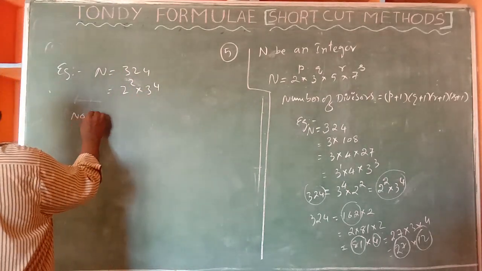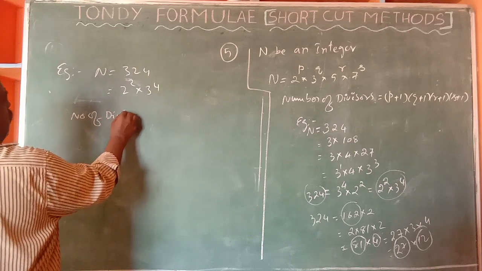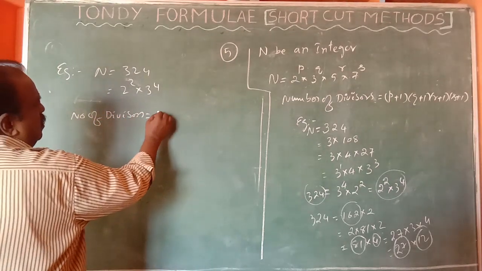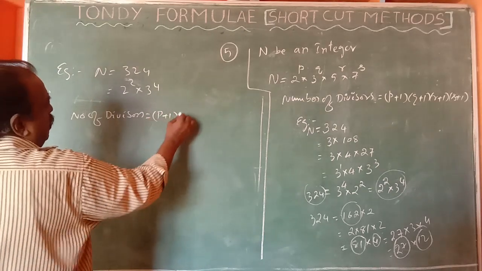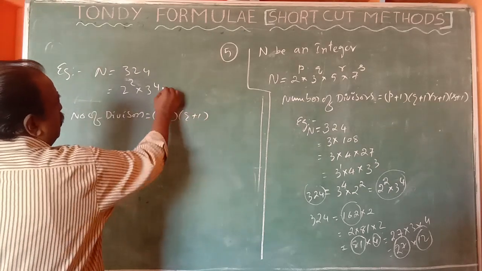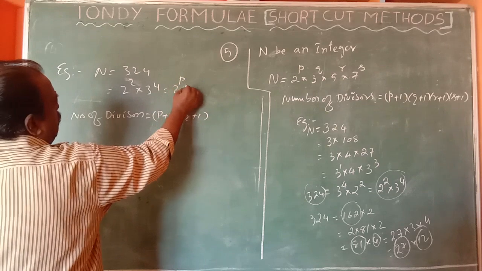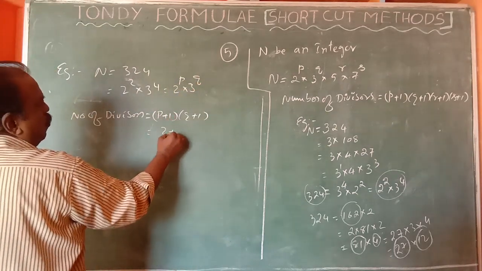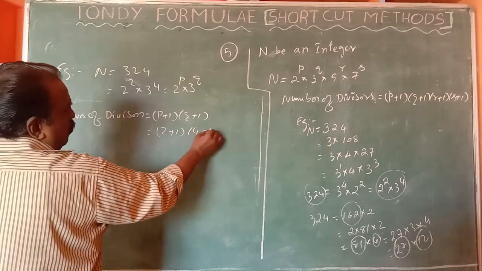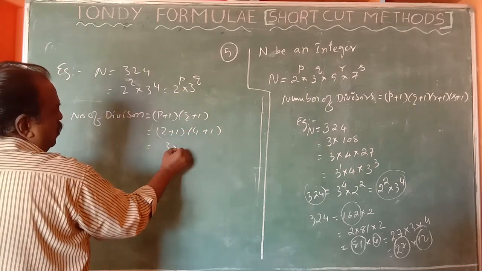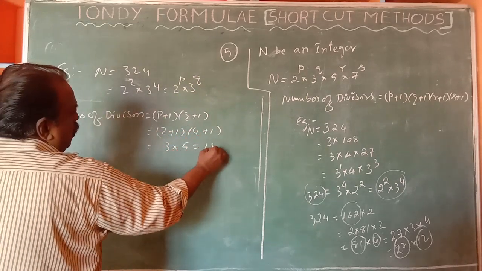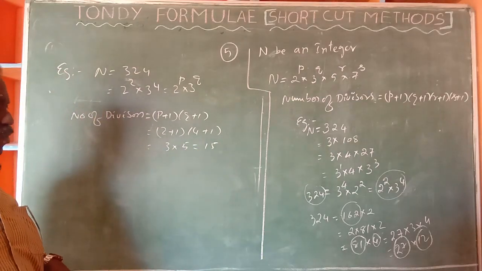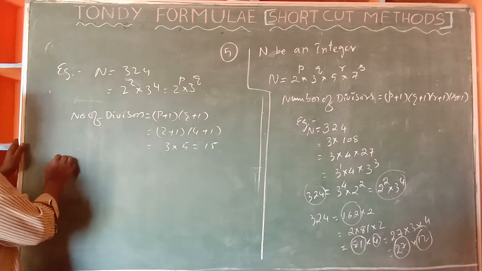Then the number of divisors, we are asked the number of divisors. It is (p plus 1)(q plus 1), with 2 power p into 3 power q. So it is (2 plus 1) into (4 plus 1). It is 3 into 5, so it is 15. There are 15 divisors.